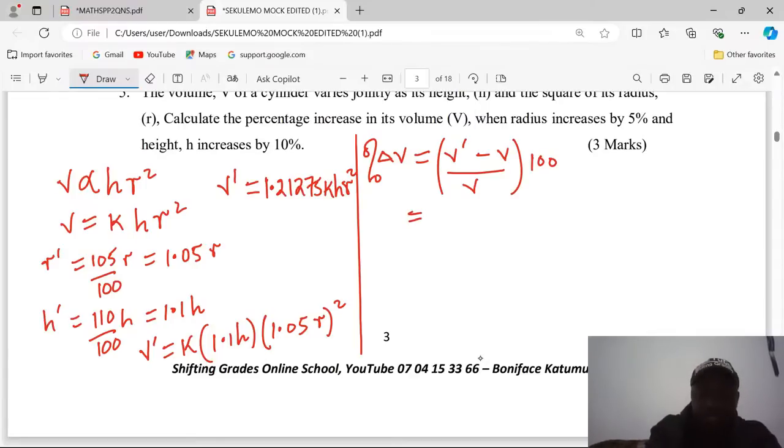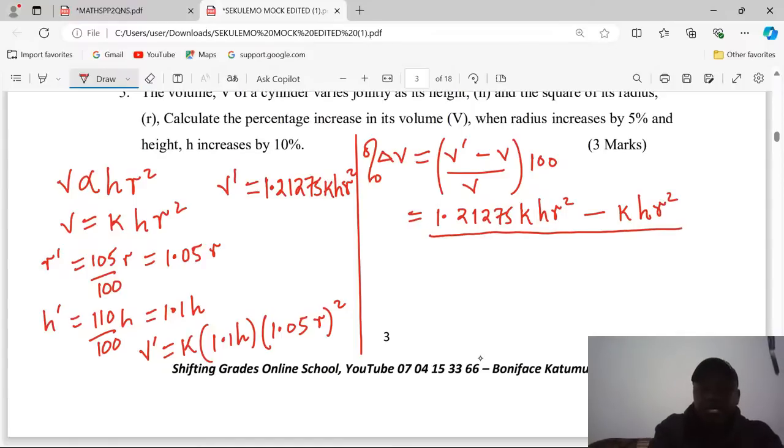So the new V is 1.21275 K H R squared minus the original, which is K H R squared, divided by the original K H R squared.